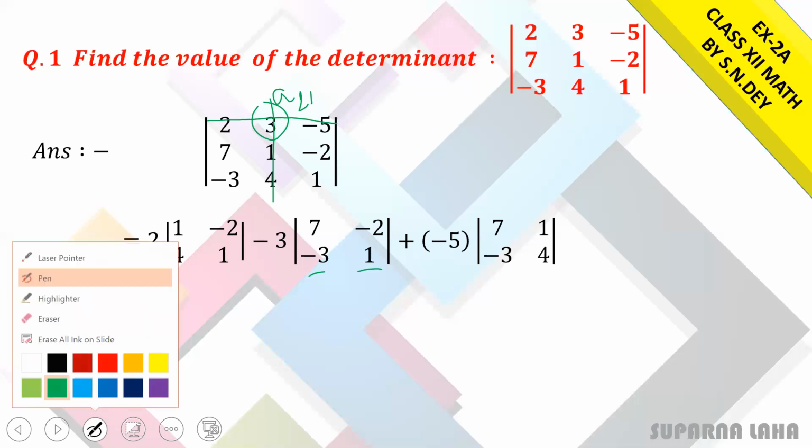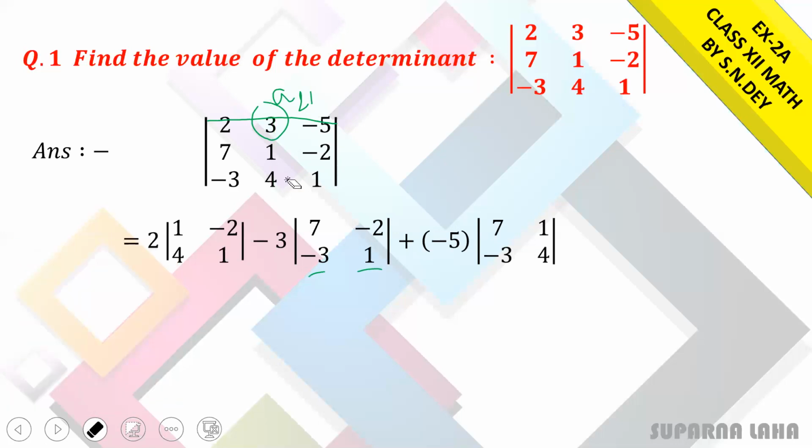Now remove the first row with the third column. So minus 5, and the sign will be plus, with minus 5 into the remaining terms 7, minus 1, minus 3, 7, 1, minus 3, 4. This determinant, you already know how to find the value: this multiplied with this minus this multiplied with this.